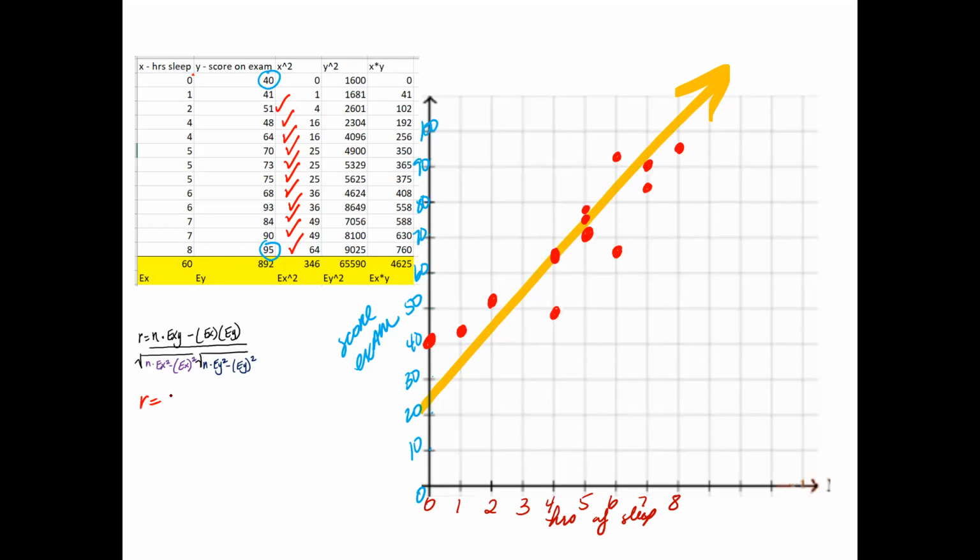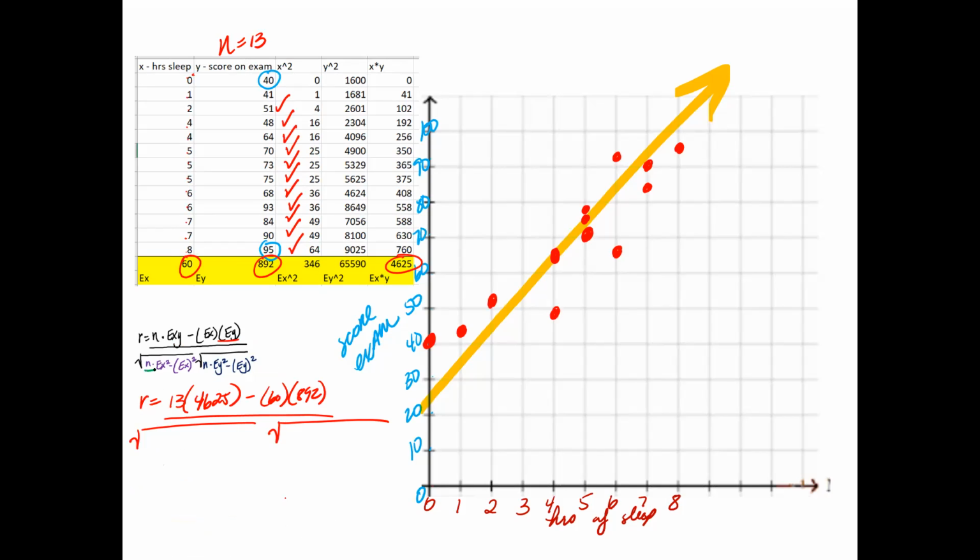R is equal to N, and there are, let's see, 1, 2, 3, 4, 5, 6, 7, 8, 9, 10, 11, 12, 13. So N equals 13 times ΣXY. So here's ΣXY, 4625 minus ΣX, which is 60, times ΣY, which is 892, all the way over square root times square root.